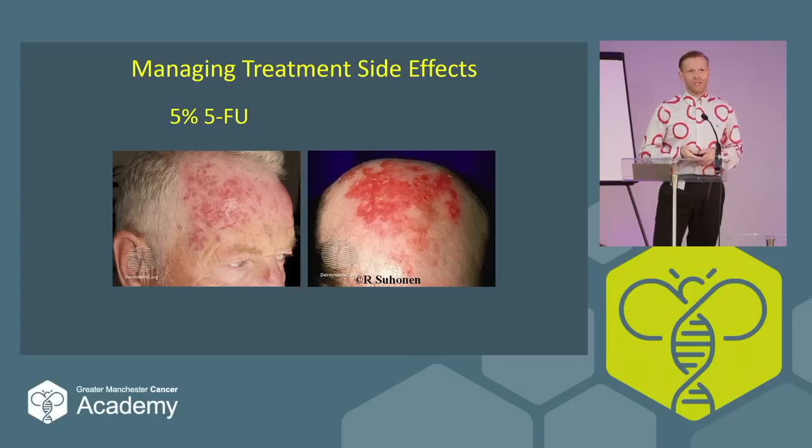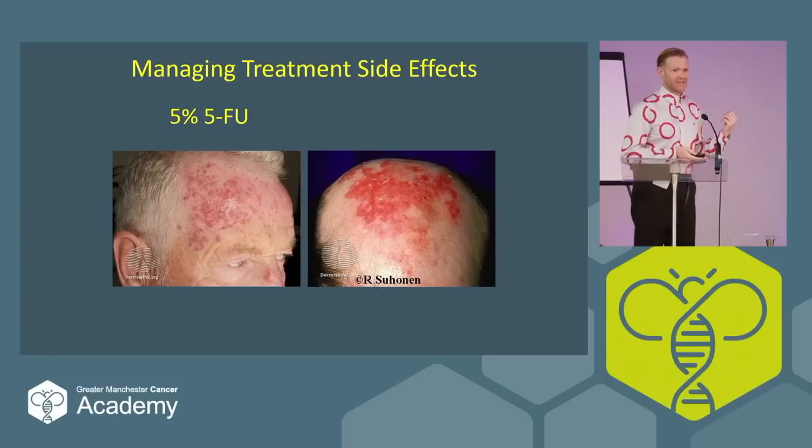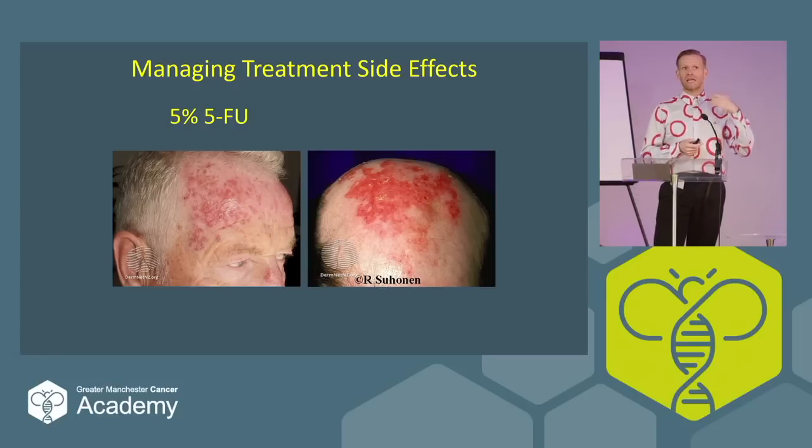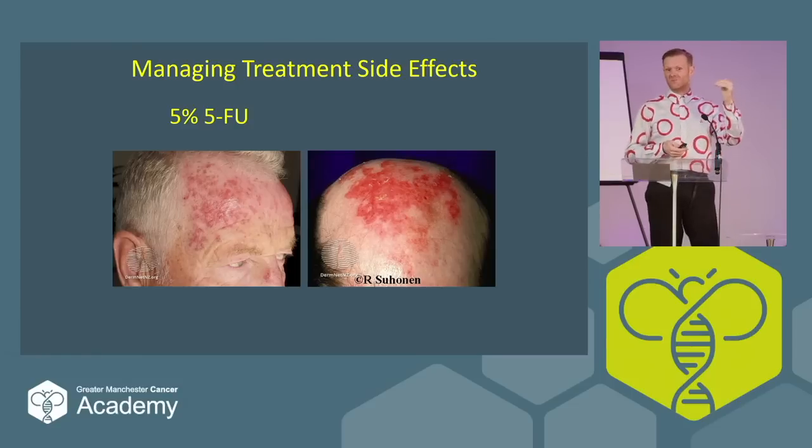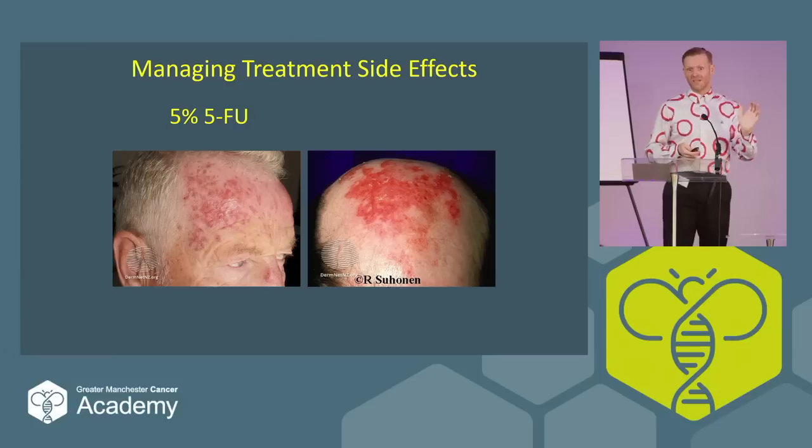But if you look at the patient on the left-hand side, you'll see that he's got quite a lot of wrinkling. He's obviously a fairer skin type. He's got gingery colouring within his eyebrows. So he's probably somebody who's got a lot of extensive sun damage in the background. So you probably could predict that this person's going to get a reasonably significant reaction to their treatment. However, we can manage that if we counsel them appropriately.